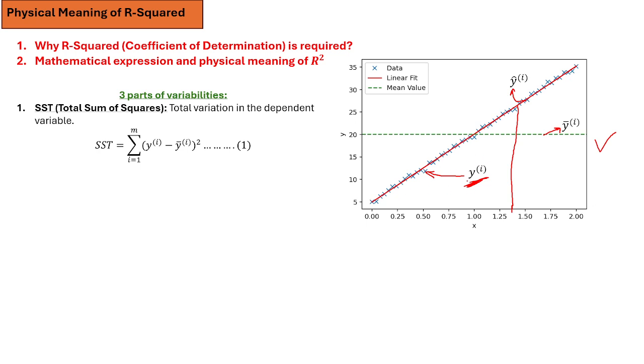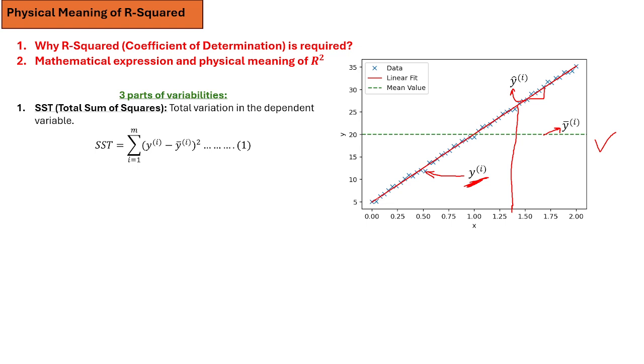In our case, the values marked by the blue cross markers vary from 5 to 35, and this variation is something that we would want to measure, because this is really important. Say we have our straight line that we want to use as a fit. We need to know how much variation is taking place, so that we can know the slope of this straight line and how it should be oriented.